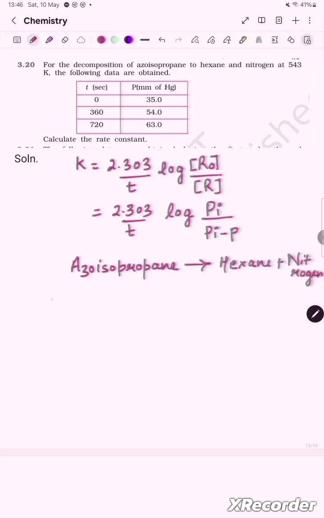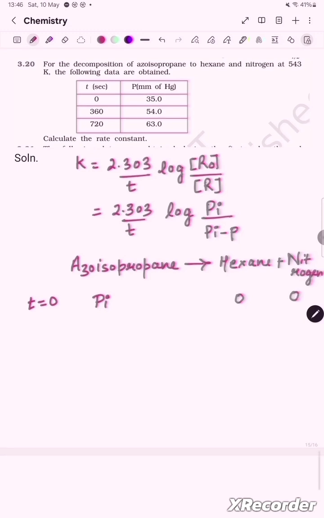At time t0, the initial pressure of azoisopropane is Pi and the product pressure is 0 because the reaction has not started. At time t this will become Pi minus P because the reaction has started. So the initial pressure reduces to form the final product, that is P.